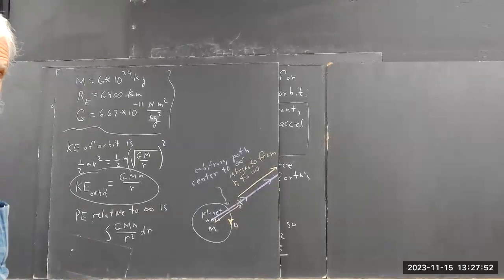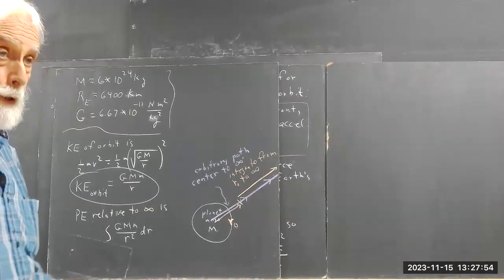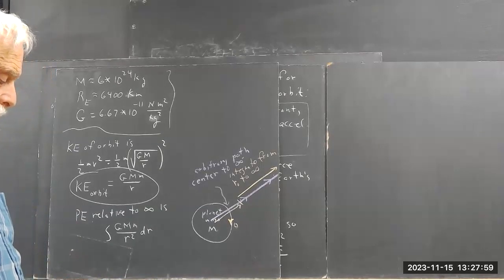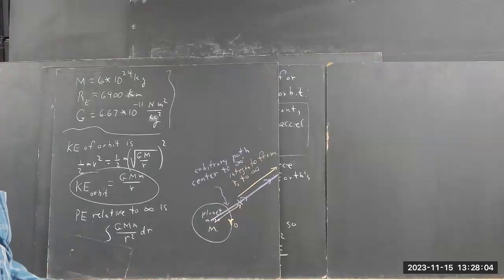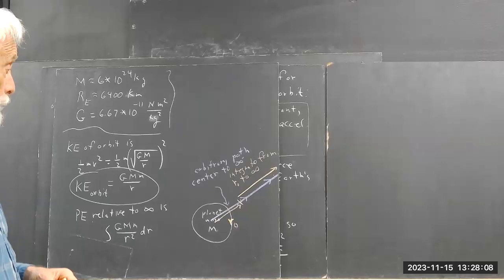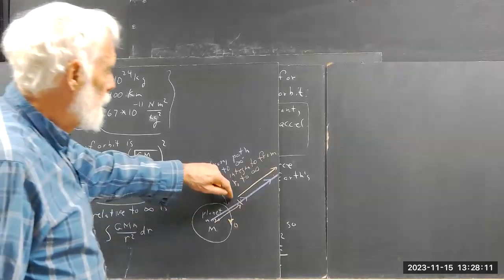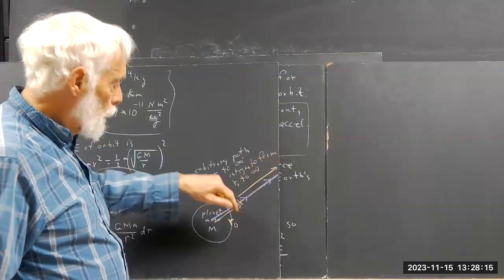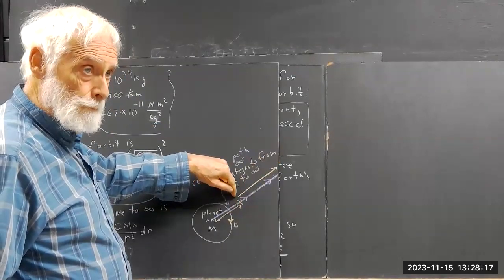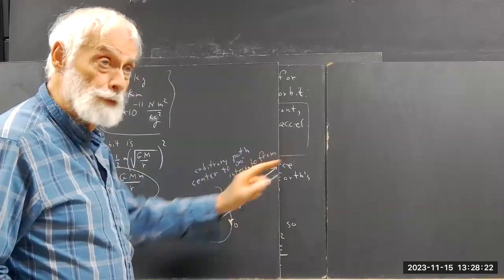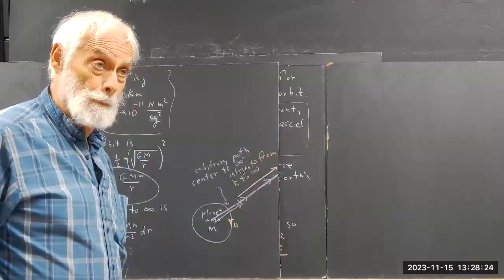Now, what do we integrate? We integrate the gravitational force. Now, here's where it gets a little confusing. It's just a matter of keeping track of signs, what's positive and what's negative. Okay. If we integrate from R naught to infinity, we get the work done on the mass, as it goes from here to there.